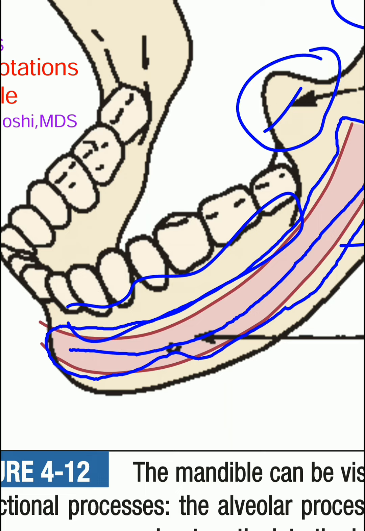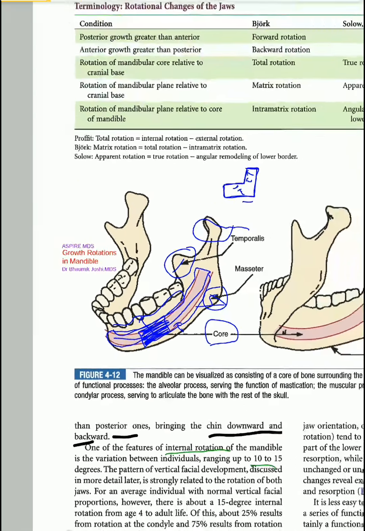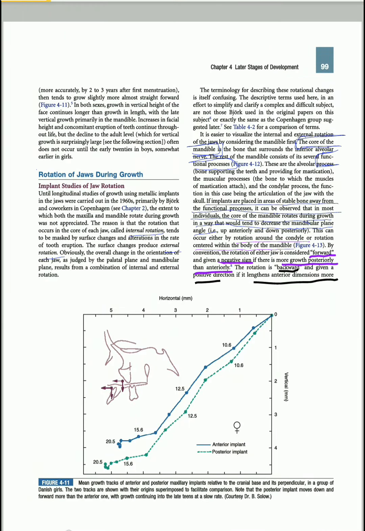That is, if an implant was placed in this area and it showed some change in position in the form of rotation, we'll call it internal rotation. And if the implant was present on the external surface and it showed rotation, the rotation that took place was called external rotation. So these are the basic things for internal and external rotation.